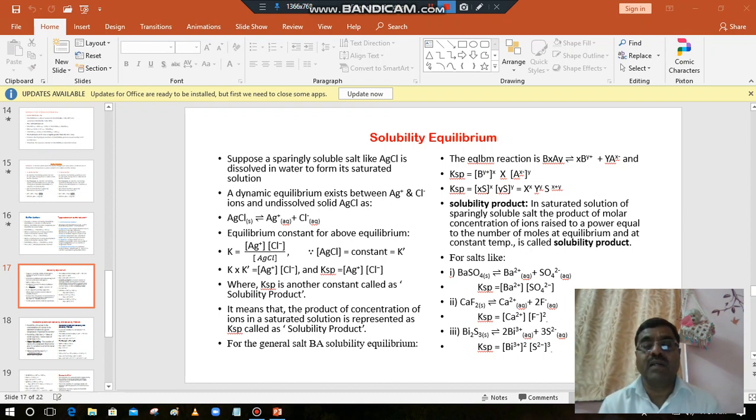What is solubility equilibria? Solubility means the concentration of a solute in its saturated solution at a given temperature.